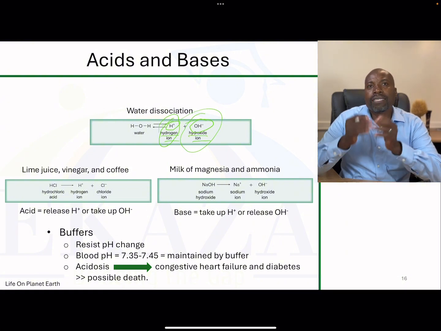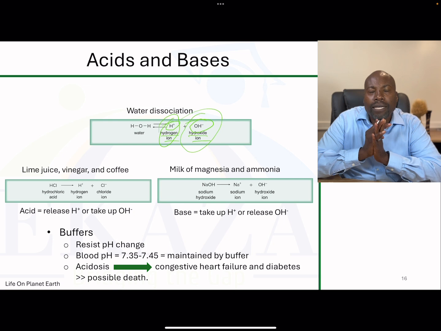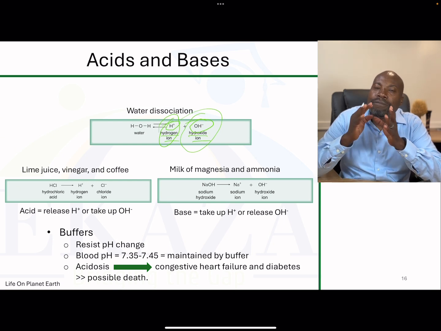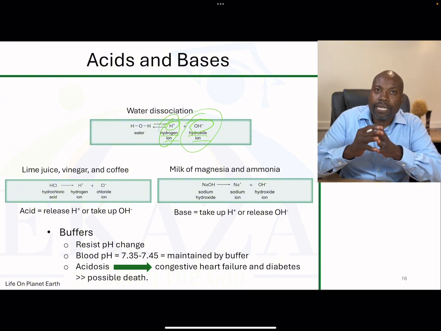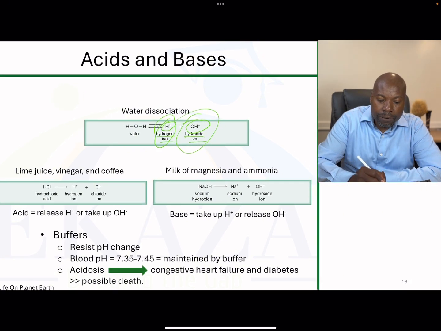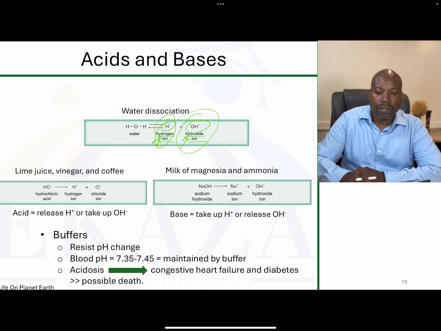Now, when I say water-based environment, that means that water is hardly by itself, right? It's very difficult to find pure water, right? Now, obviously, pure water would have as much hydrogen ions as hydroxide ions, okay?